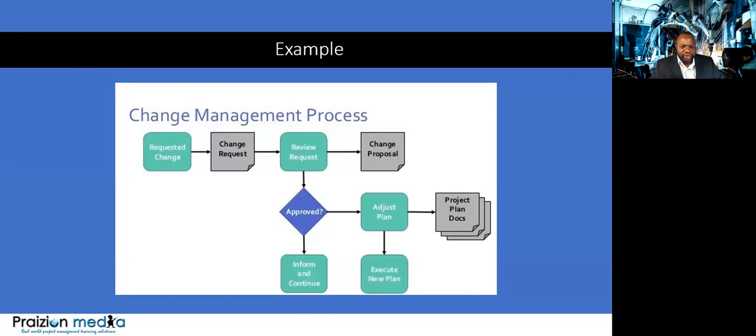So you get a requested change, ask for a change request, review the change request. That review could either be the change control board, it could be you, the project manager, it could be the project sponsor, it could be a number of people. If it's approved, inform stakeholders and move on and adjust the plan. Or if it's not approved, then nothing happens other than update the change log.